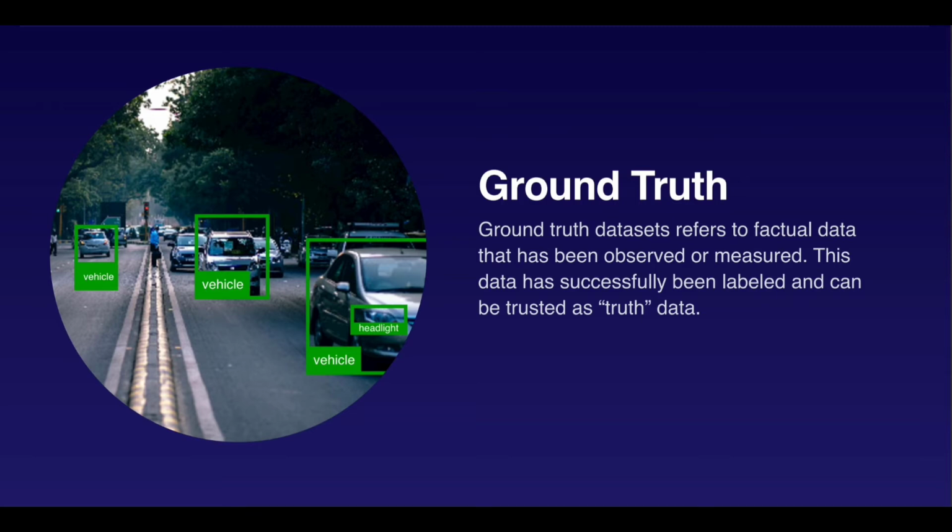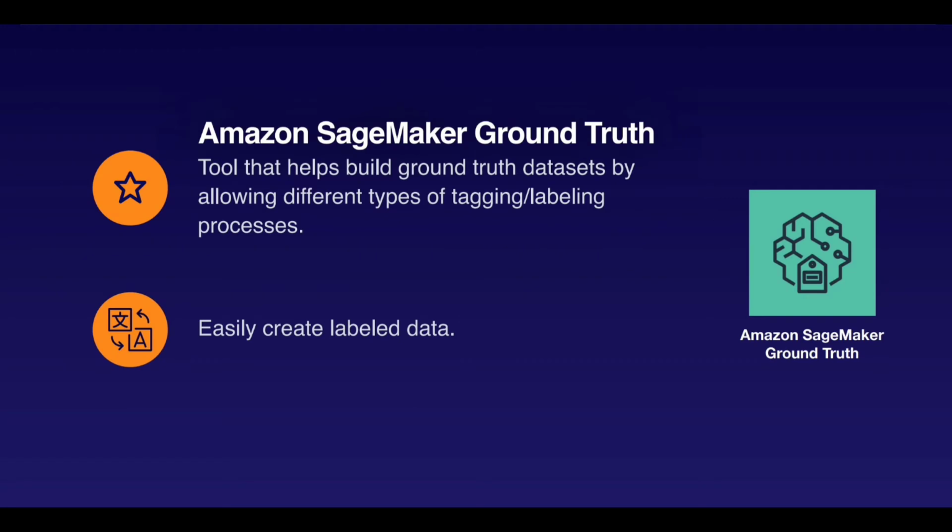The reason that I bring up ground truth is because there is a service within AWS called Amazon SageMaker Ground Truth, which is a tool that helps us build these ground truth data sets by allowing different types of tagging and labeling processes. Essentially, this tool allows us to easily create labeled data.